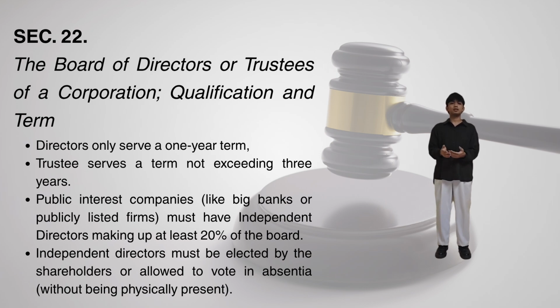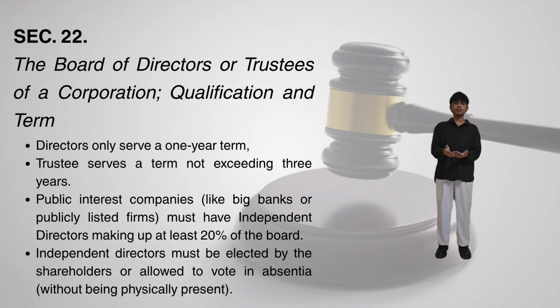On the other hand, a trustee's term is longer. A trustee can serve not exceeding 3 years. Non-stock organizations often prefer this longer term because it gives them more stability and continuity. The law created a special rule for companies that affect the public a lot, called corporations vested with public interest.